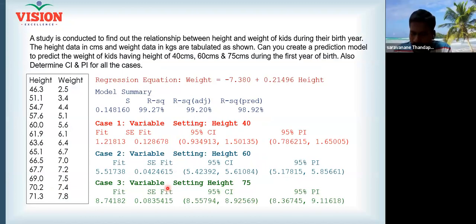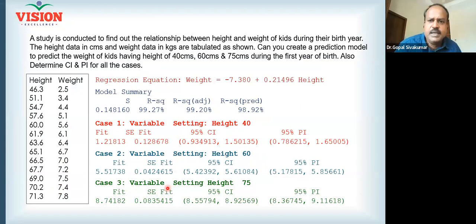Yeah, that is the fit and the SE fit. So normally we go for a PI, correct? See, a single observation is expected inside the prediction interval. The average of your readings is expected inside the confidence interval. And this is the standard error of the fitted value.